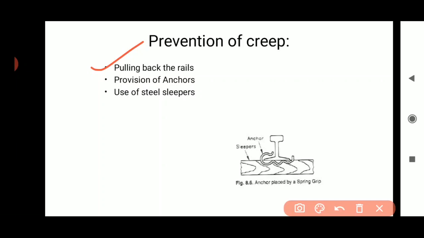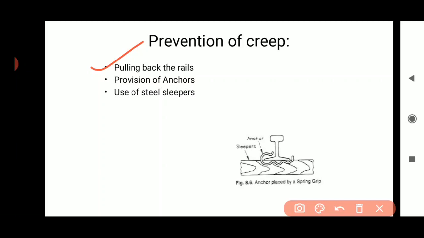After doing that, disconnect the rail joint, that is, disconnect the fish plates and bolts. Then insert the hooks or crowbars in the bolt holes and try to pull back the rail by the distance to achieve its original position.